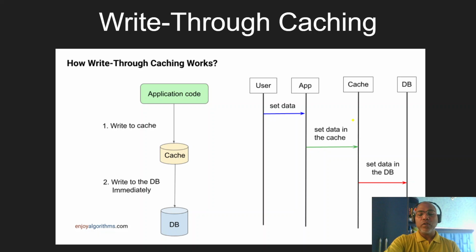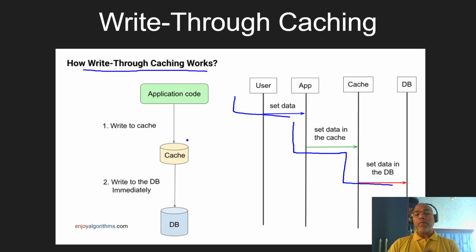So here are the details. Whenever an application calls our cache server, the cache calls the database, and in this way we can support write through. Our application always writes or reads data through the cache. The cache's responsibility is to write data in the database.